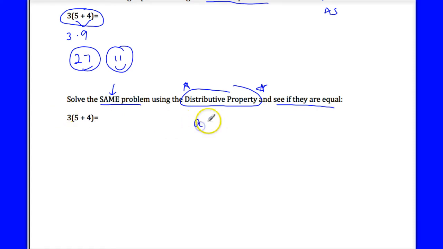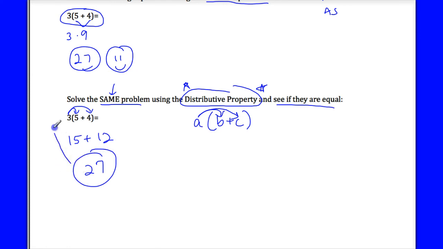And remember the distributive property? Yeah, you've been doing it. You multiply those two right there, this times this. 3 times 5 is 15. And then you take this times this number here. 3 times 4 is 12. Add those together. Well, 5 plus 2 is 7, 1 plus 1 is 2. Guess what? We got the same thing. See, that's the whole point I was trying to make. It's the same value.